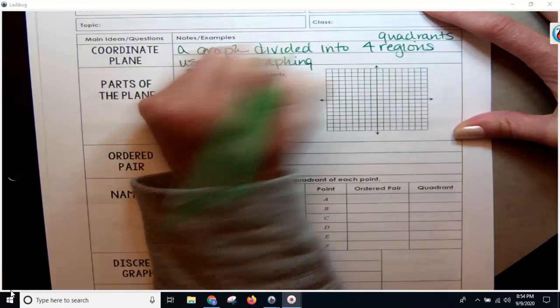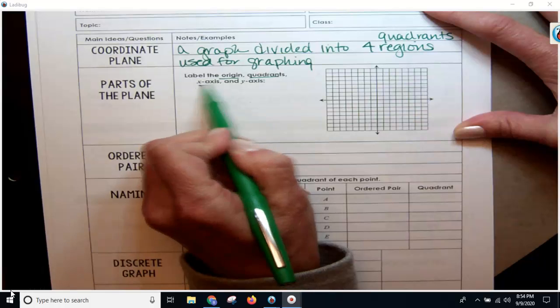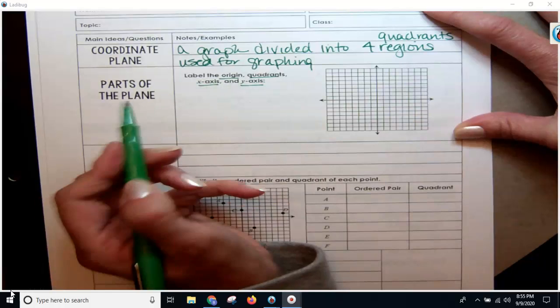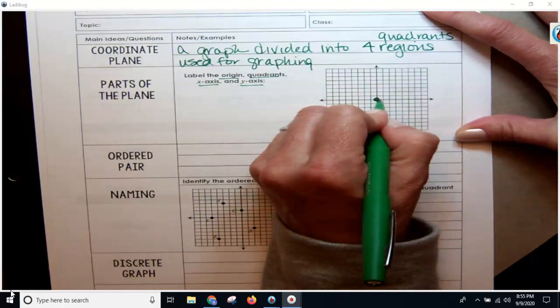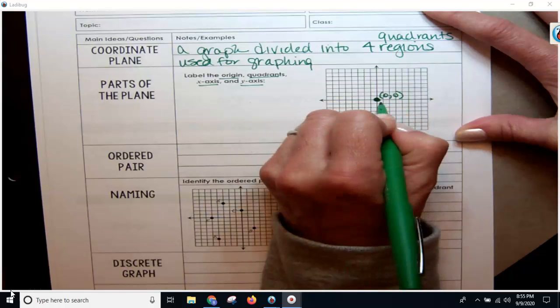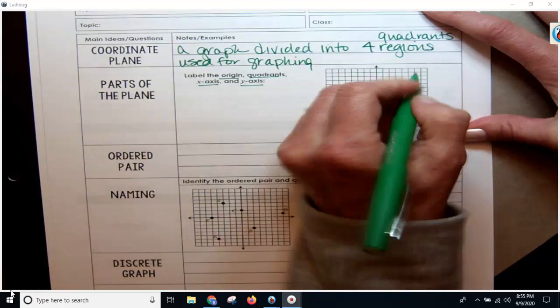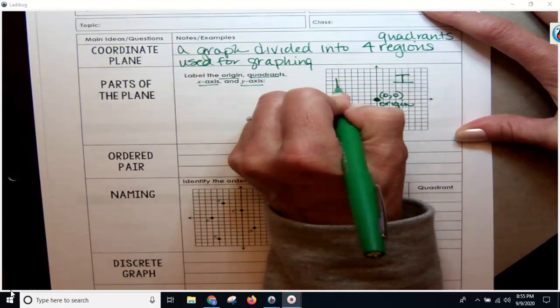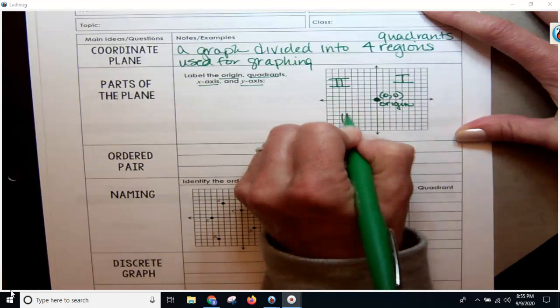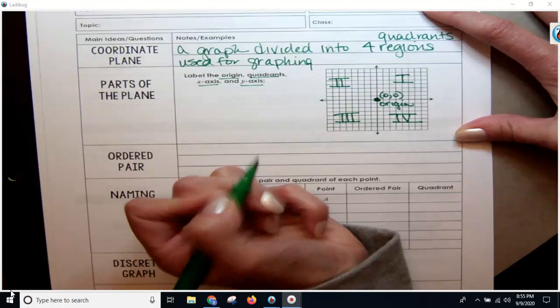All right. And so if I'm going to label the origin, the quadrants, the x-axis, and the y-axis, the origin would be right here. This is your 0, 0 origin. My quadrants, this would be quadrant 1, quadrant 2, quadrant 3, and quadrant 4.